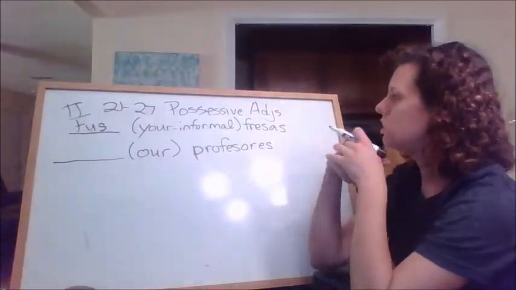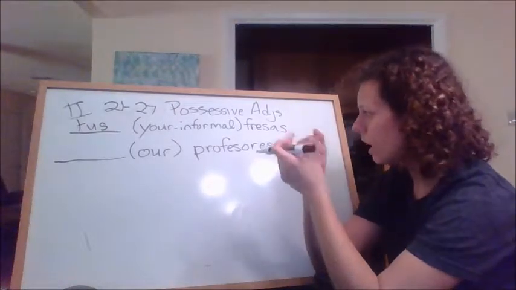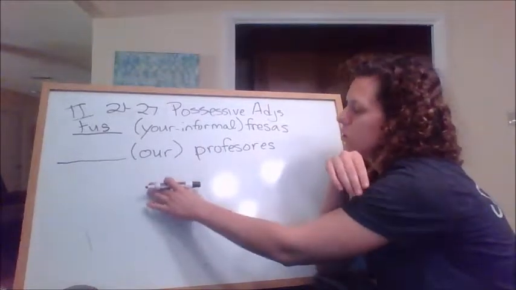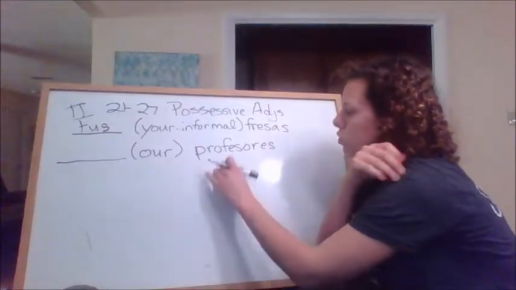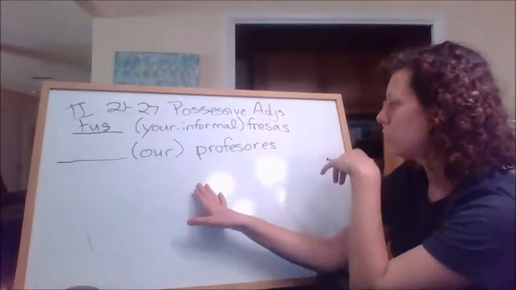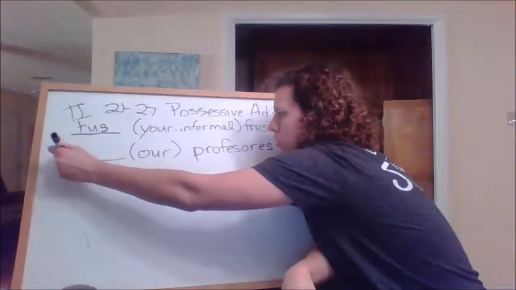The possessive adjective for our is nuestro, right? So, I already said mi, tu, su, nuestro, su. So, our is nuestro. This is plural. So, we say nuestros.